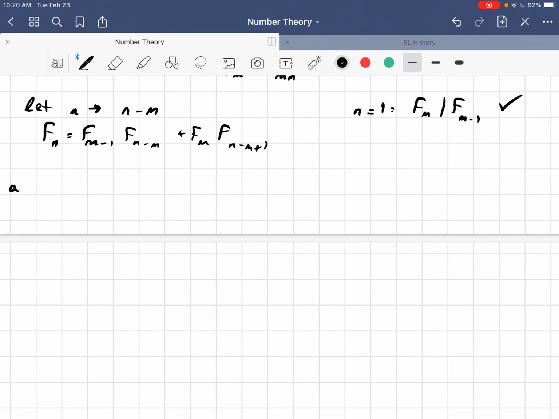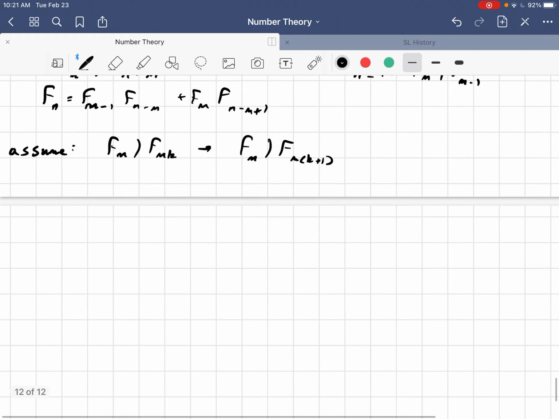Now, I'm basically going to show that k implies k plus 1 for all k, and so therefore it implies n, because n is going to be equal to k at some particular point. So I'm going to assume that f sub m divides f sub mk, and I'm going to show that implies f sub m divides f sub m times k plus 1.